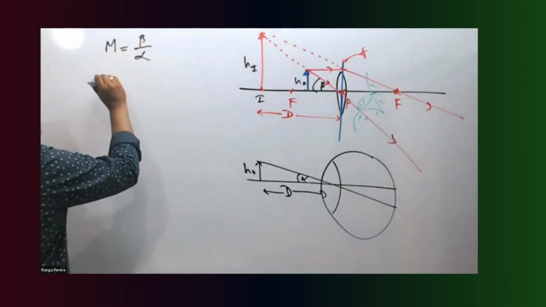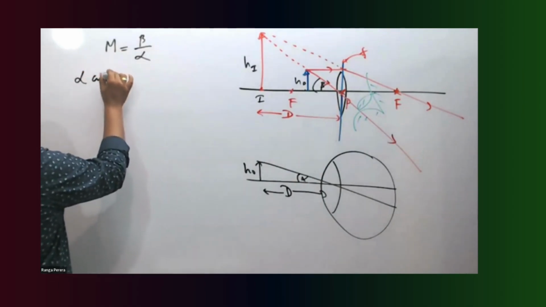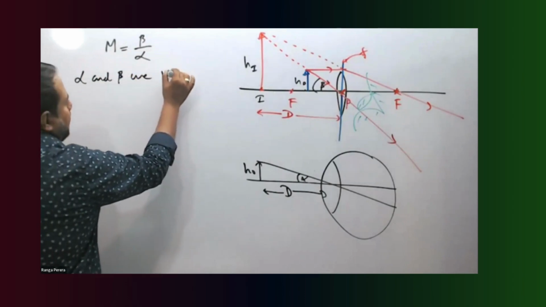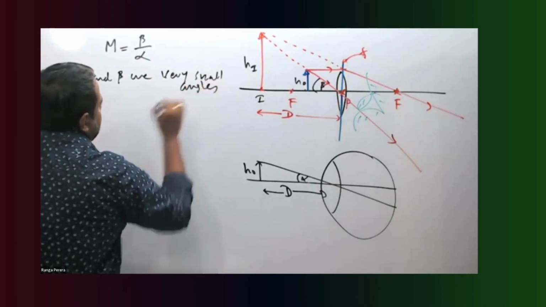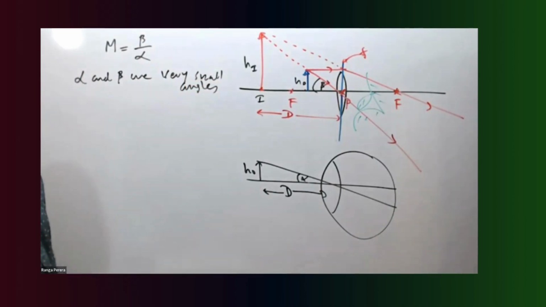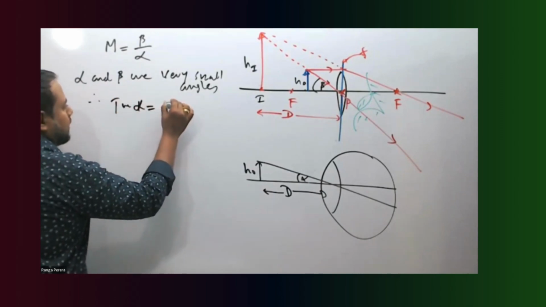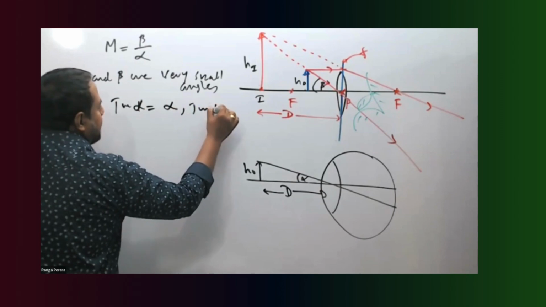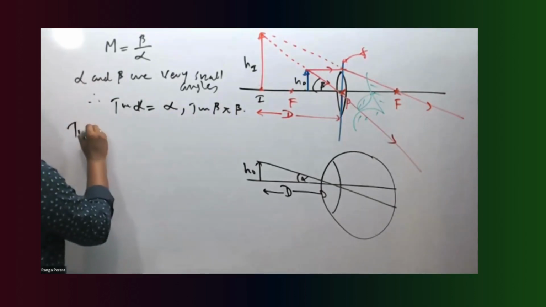Here, at this point, you can say alpha and beta are very small angles. Definitely these things must be there, otherwise you don't get full marks. Therefore, tan alpha equals alpha, tan beta equals beta. What is tan alpha then?